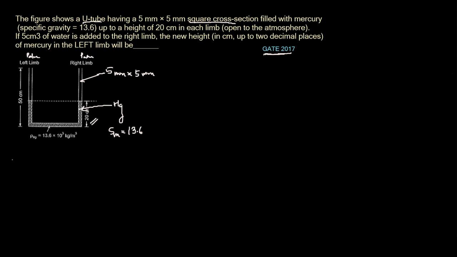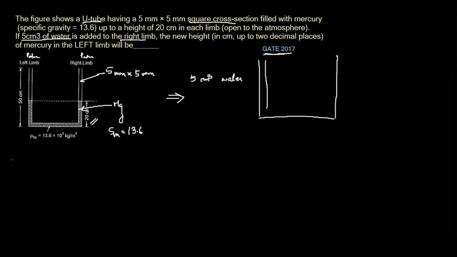After that we add 5 centimeter cube of water to this U-tube in the right limb. So after adding water we will try to draw this U-tube again. We have this U-tube, and this is the same U-tube.